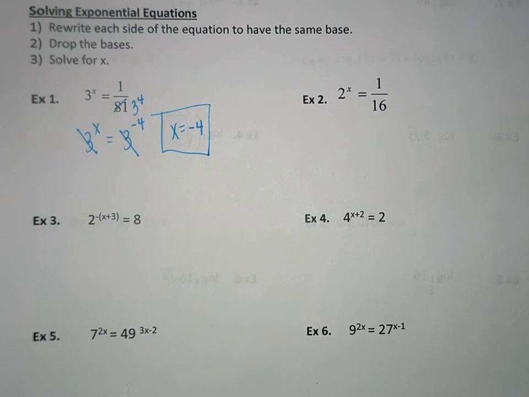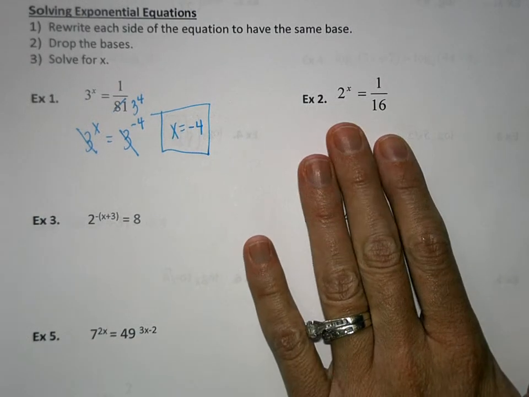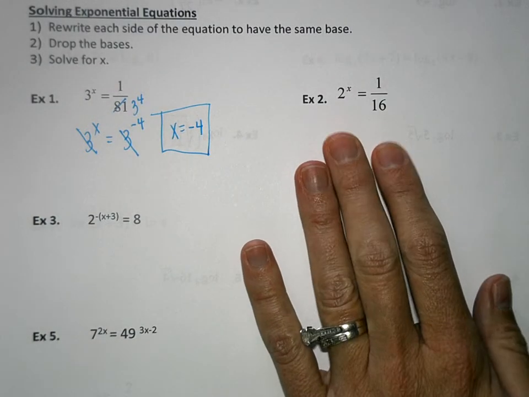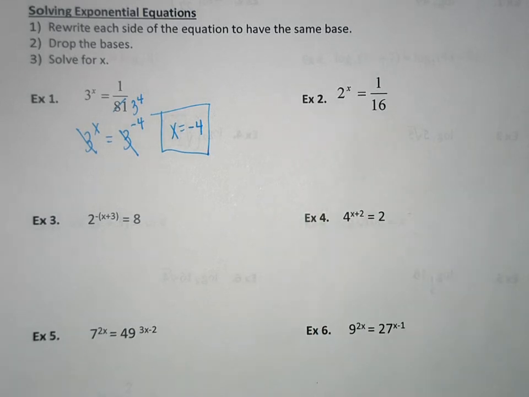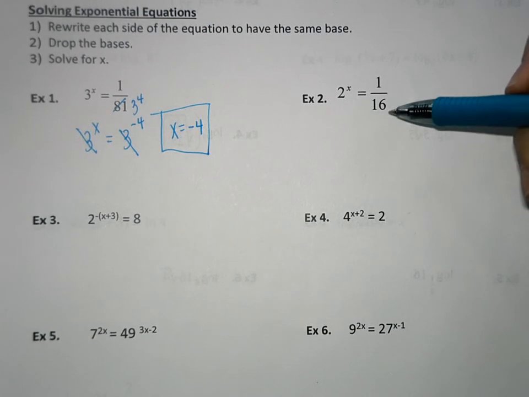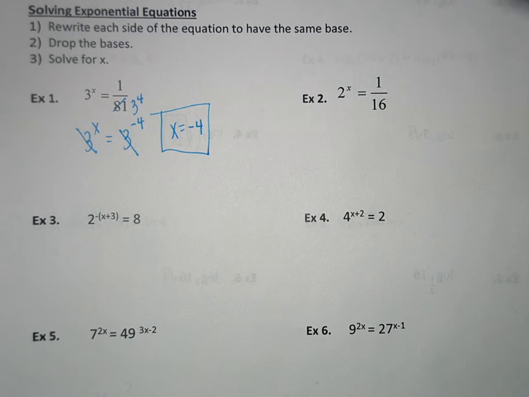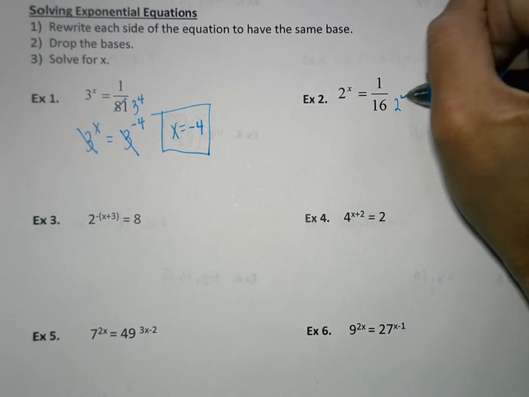Okay, so it sounds like you guys are done. All right, so the first thing I want the first person to do is tell me what you would do in order to get these to have a common base. Okay, so 16. How could I make that to have a base of 2? Very good. 2 to the 4th power.